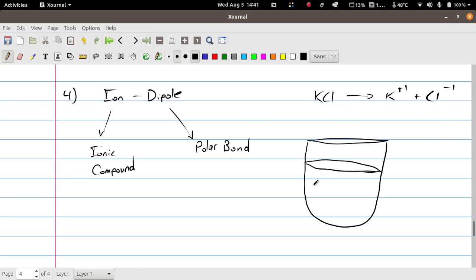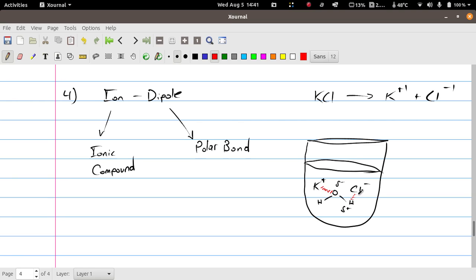So in here, I'm going to have ions. So what's going to happen is I have my water, and it's partially positive over here, partially negative, and essentially it's going to look like a hydrogen bond almost, but this is going to work with this and with the water molecules in there.